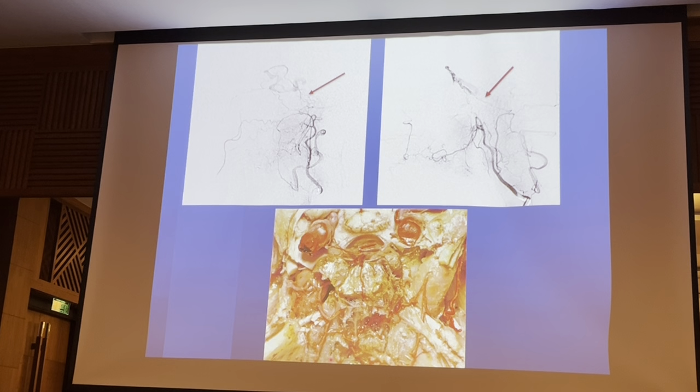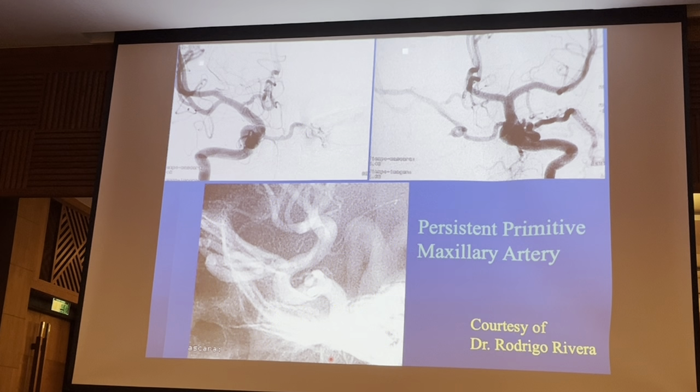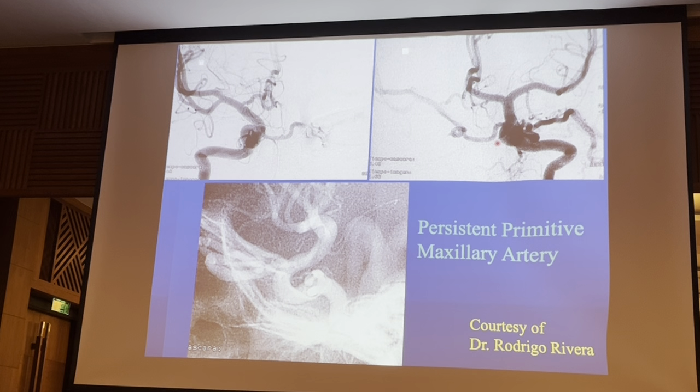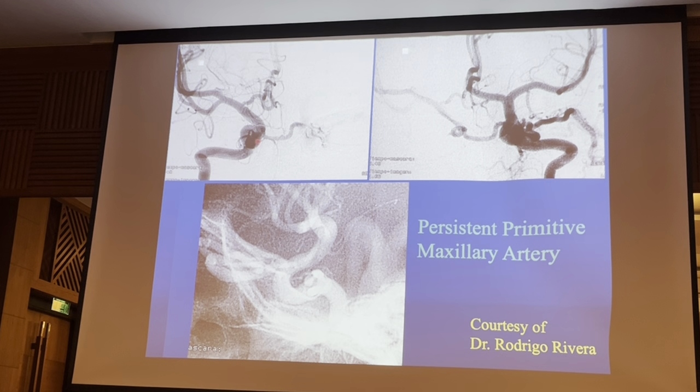This is one example which has a connection of the right and left internal carotid arteries, with no regression, just remaining anastomosis between the right and left internal carotid arteries through the primitive maxillary artery. This is in the posterior part of the sella, where the posterior pituitary gland supply remains.